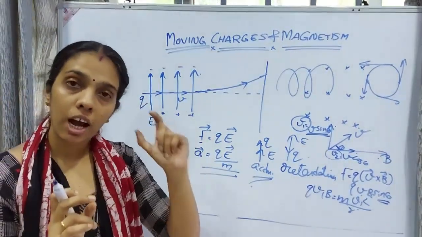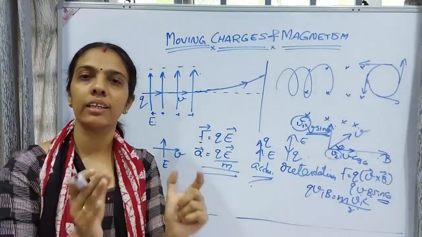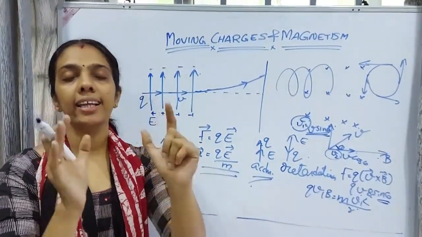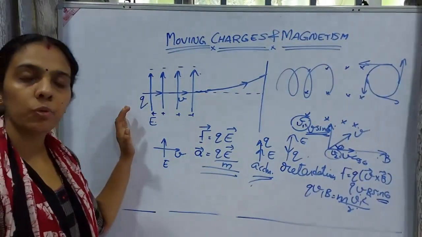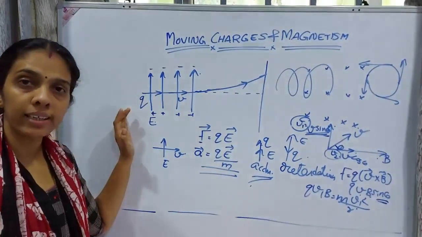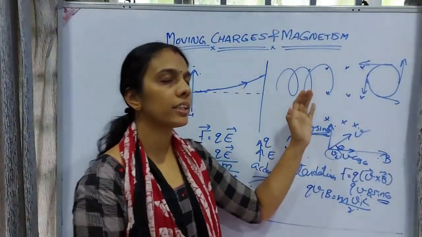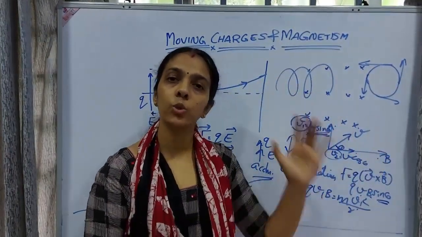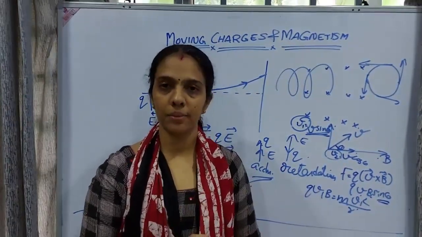A charged particle moving in a uniform electric field will be following a parabolic path, and a charged particle moving in a uniform magnetic field will be having a helical path.